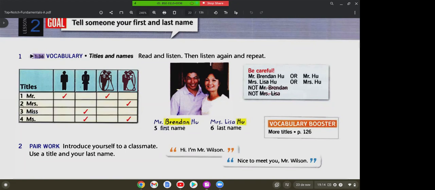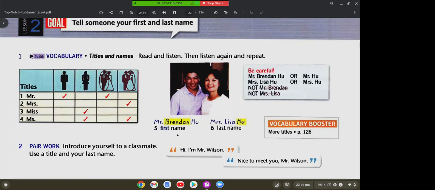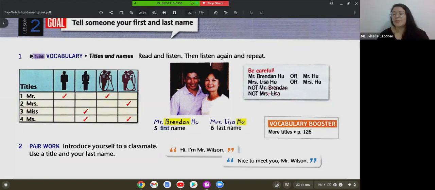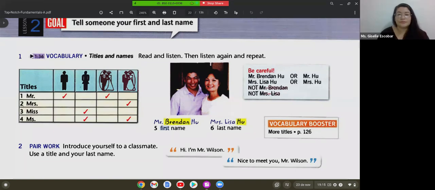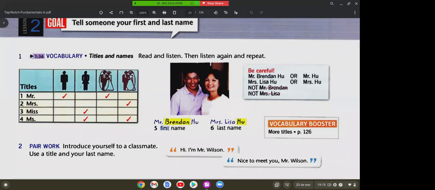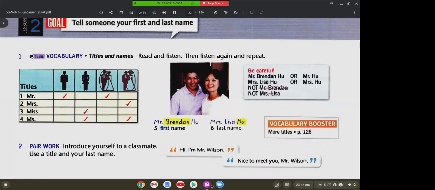First name. Okay, first. Can you repeat that word? First. First name. Aquí la I suena un poquito como una E, right? First name. First name.